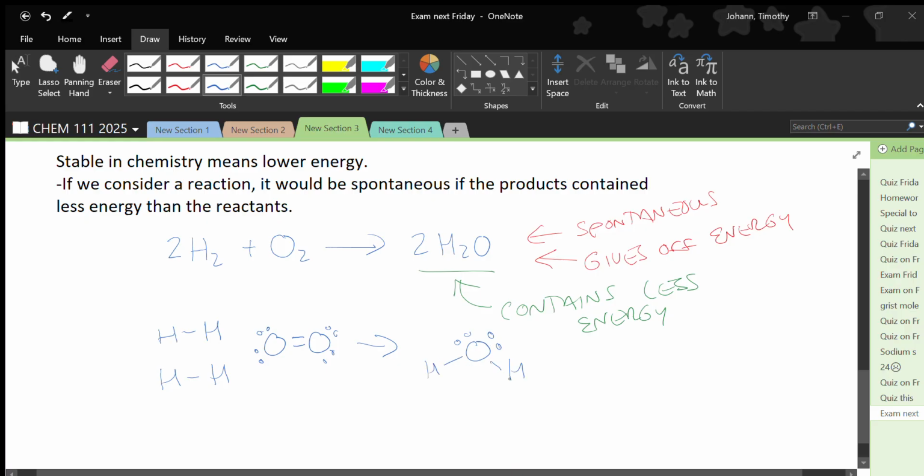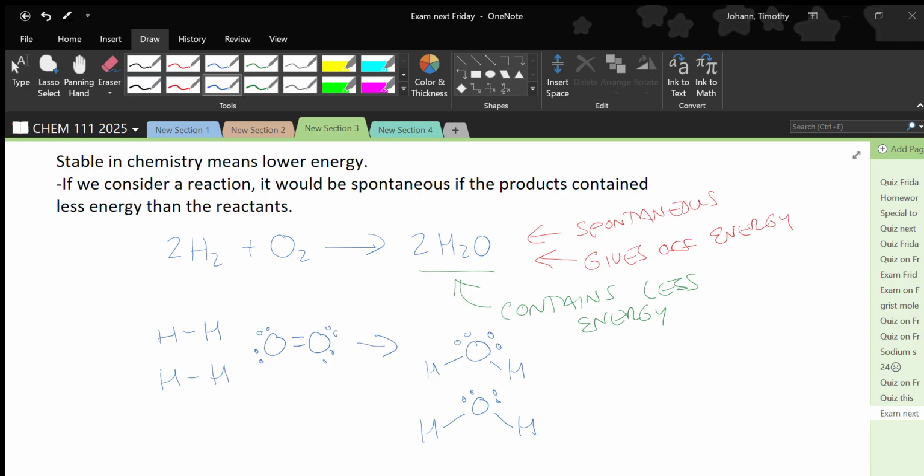This would be your best Lewis dot structure for water. If I draw it out like that, now I know exactly how much of each kind of bond I need. I take the amount of energy needed to break all these bonds and subtract the amount of energy needed to break all these bonds, and that will give me the energy of reaction.